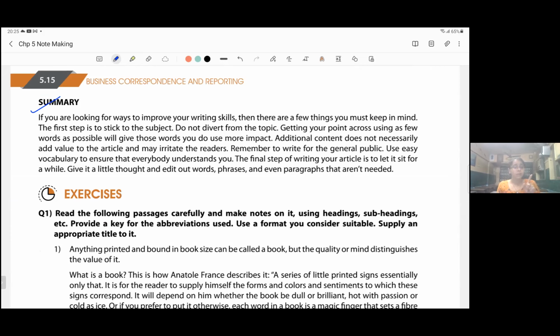First type में क्या था, paragraph, and you all have to make the heading, title, heading, subheading and sub point wala, right, from the paragraph. Second type is पूरा ये heading, subheading, sub point ready दिया रहेगा, you all have to write a summary.